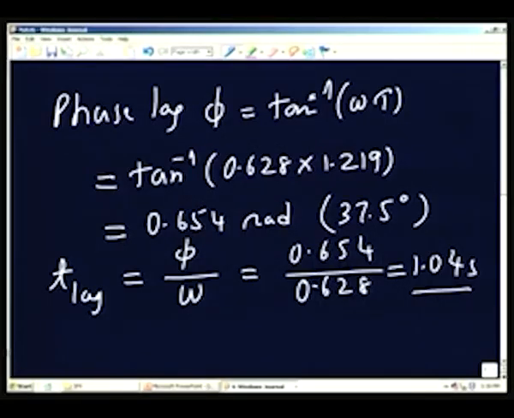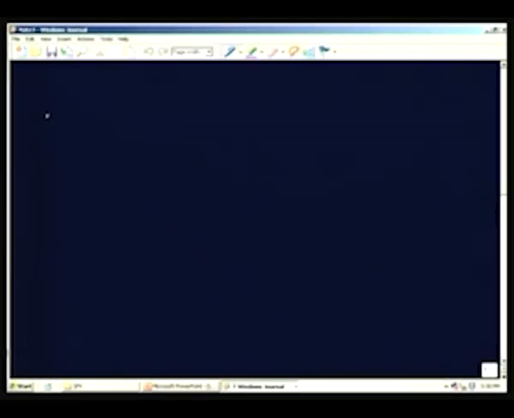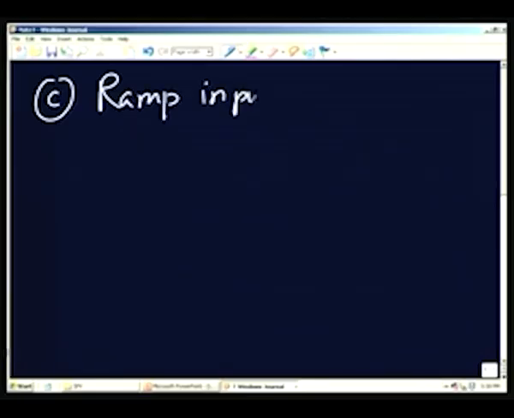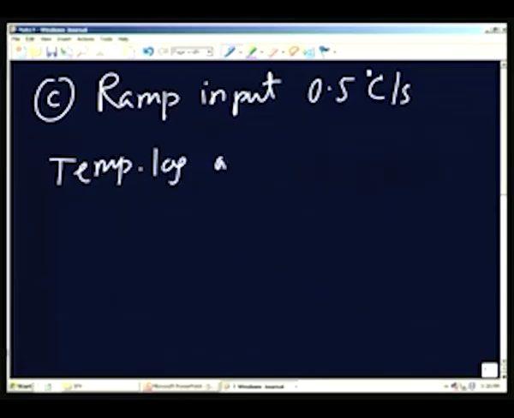And the third case I am going to consider is if there is a ramp input, that means that the temperature T infinity is varying linearly with respect to time at 0.5 degrees Celsius per second. What is the lag in the temperature? So, we will say that is the temperature lag as t tends to infinity.